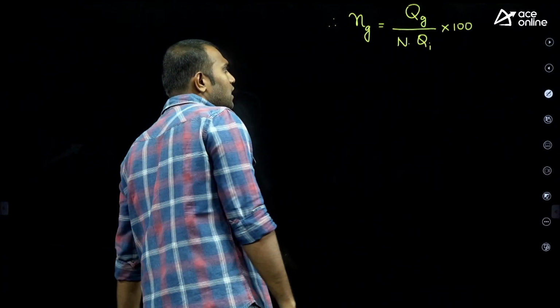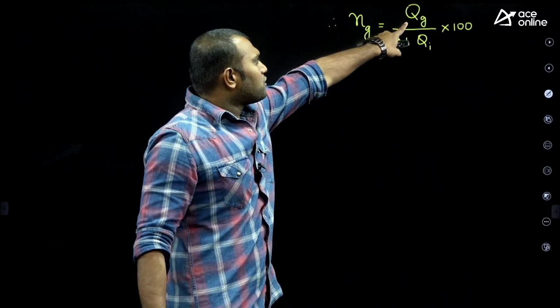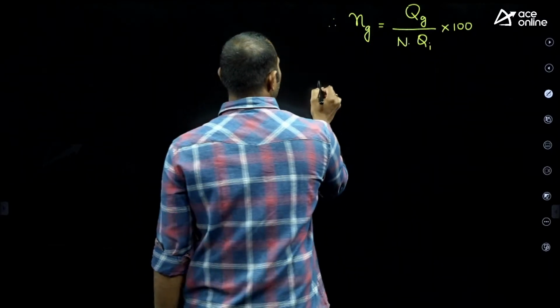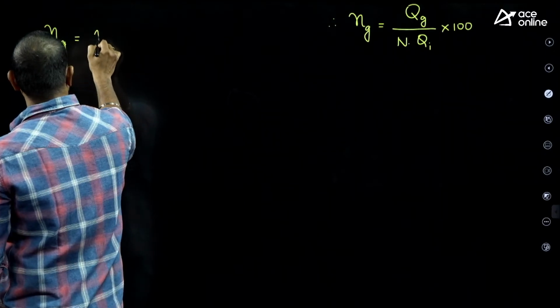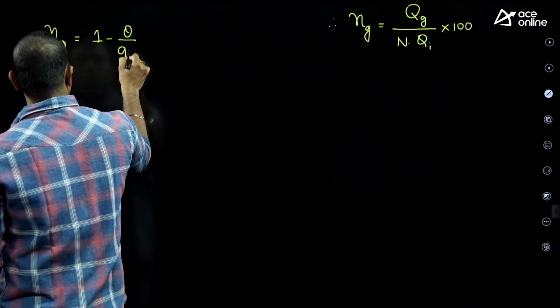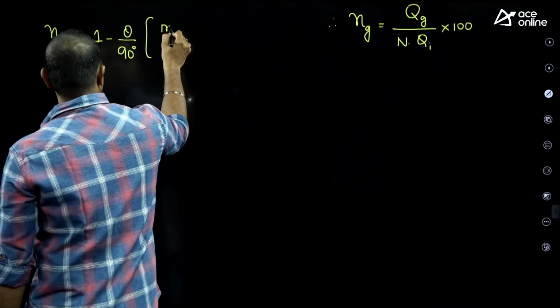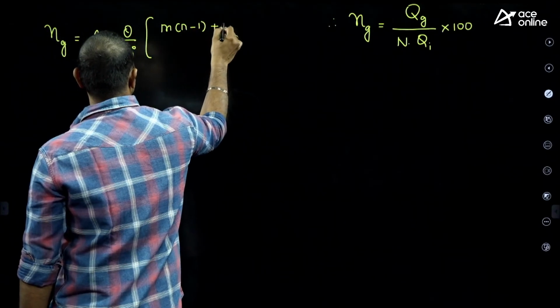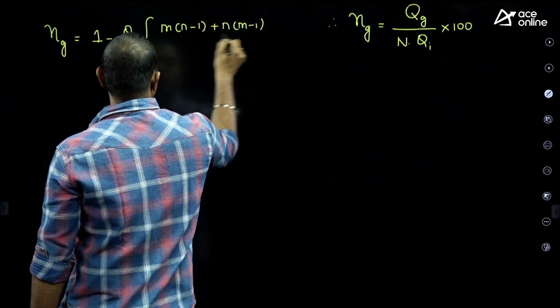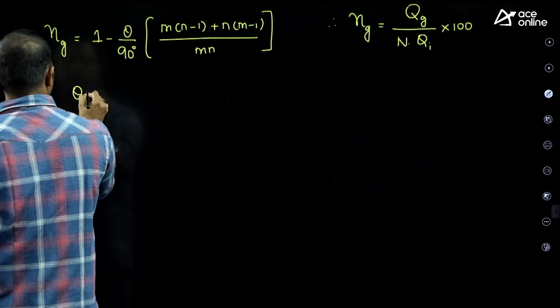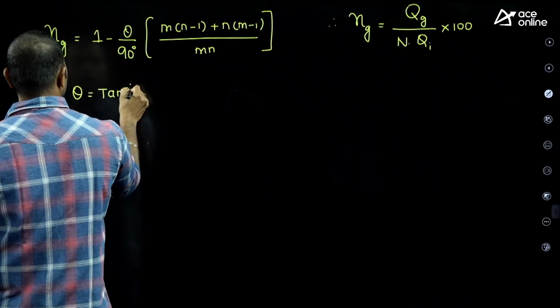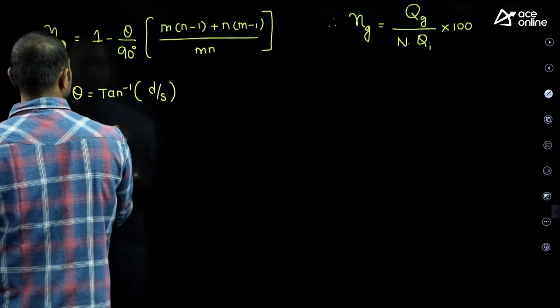In order to find out the group capacity, I can use the equation eta_G is equal to 1 minus theta by 90 degrees into (m into (n minus 1) plus n into (m minus 1)) by mn, and theta is equal to tan inverse of d by s.